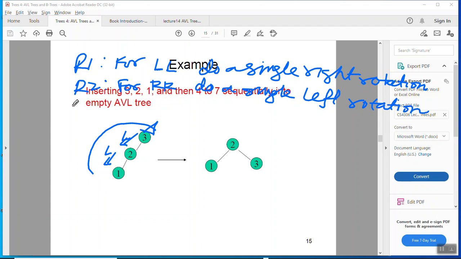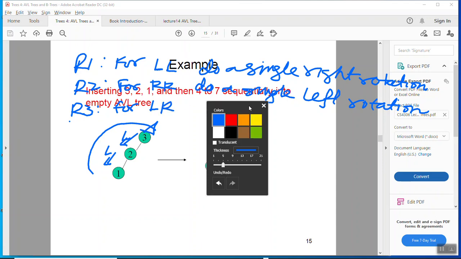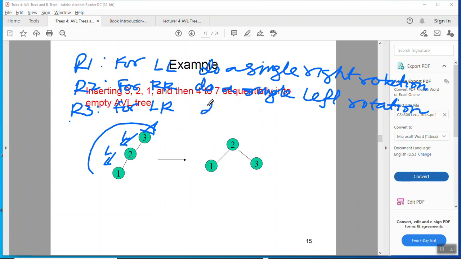Okay, now rule 3, what will happen for a left right rotation? For left right, we need a double rotation.